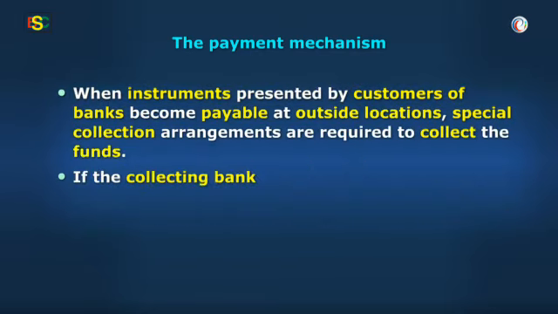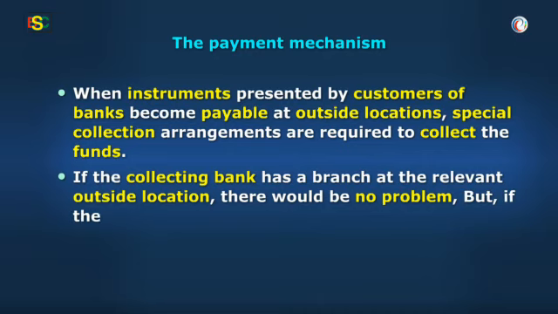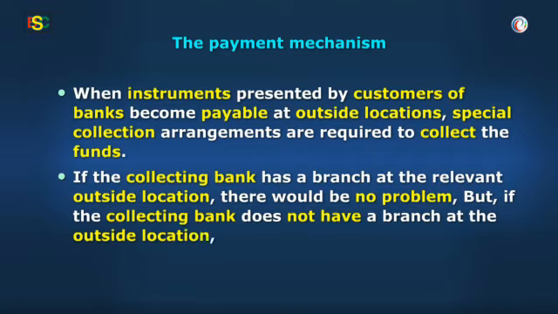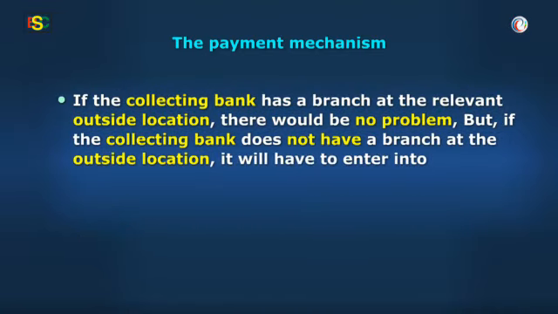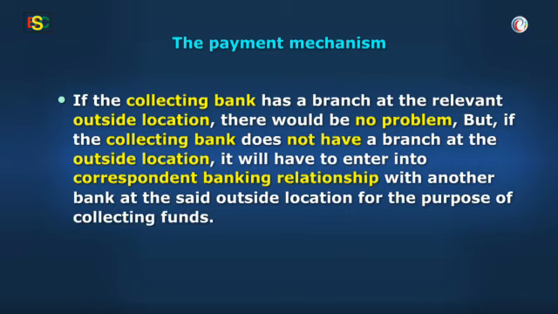If the collecting bank has a branch at the relevant outside location, there would be no problem. But if the collecting bank does not have a branch at the outside location, it will have to enter into correspondent banking relationship with another bank at the said outside location for the purpose of collecting funds.